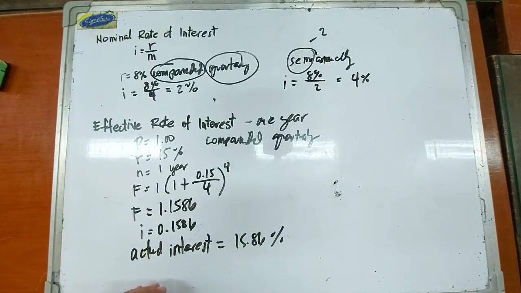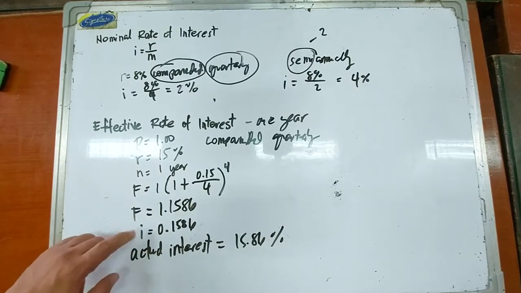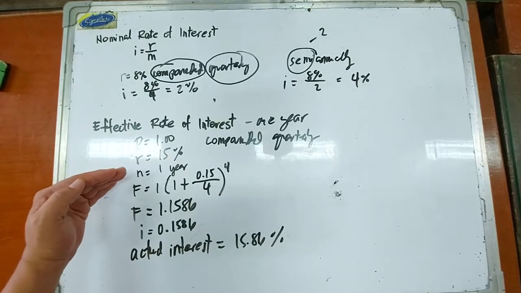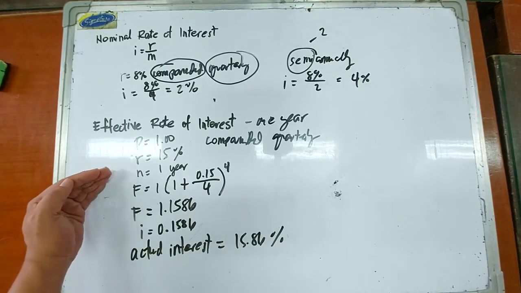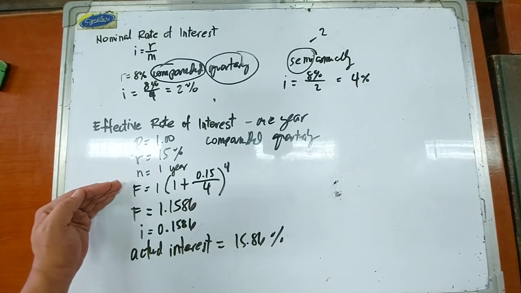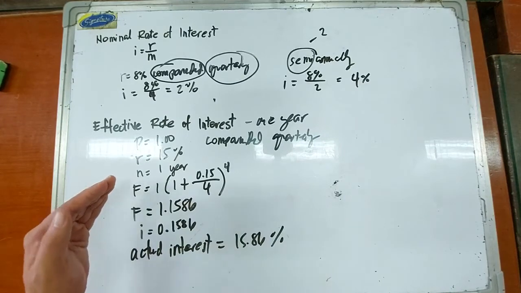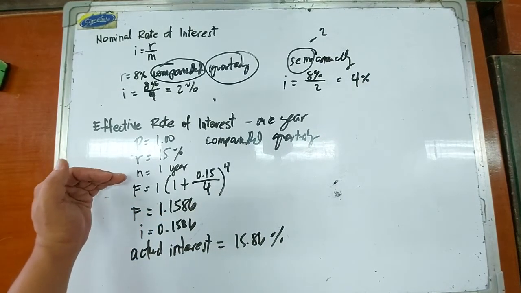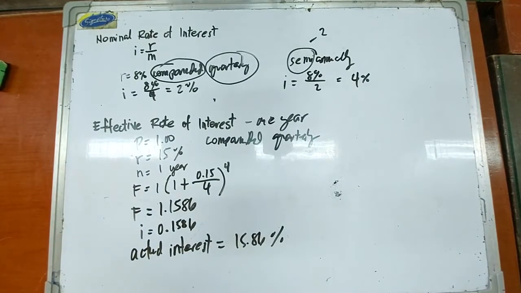Since computed yung future worth natin, so base yan, yung bawat quarter. Quarterly siya, so at the end of the first quarter, yung principal niya sa pag-compute for the second quarter is yung principal plus yung interest from the first quarter.